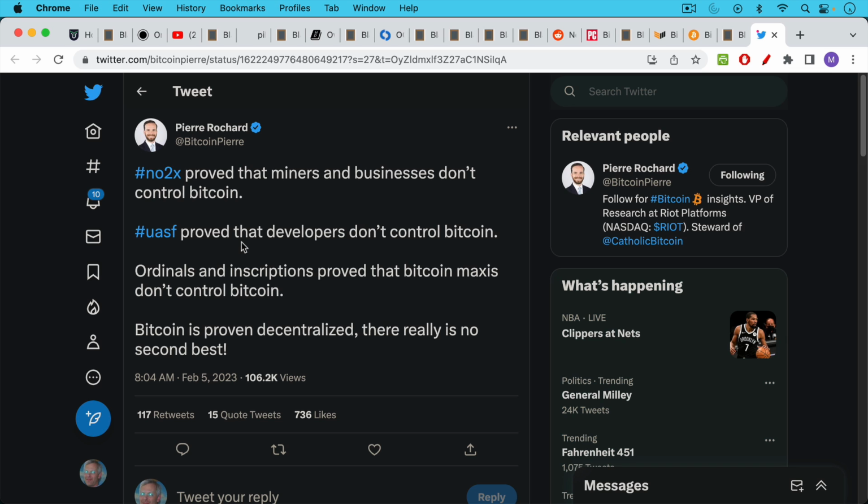User-activated soft forks prove that developers don't control Bitcoin because users can just do soft forks that they want to do. Ordinals and inscriptions prove that Bitcoin maxis don't control Bitcoin because people like me are very unhappy with what's happening here, but we cannot stop it even though we would like to. Bitcoin is proven decentralized. There really is no second best. So I think this is an interesting take on it. Obviously, Pierre Rochard is a fellow Bitcoin maxi and a very intelligent guy.